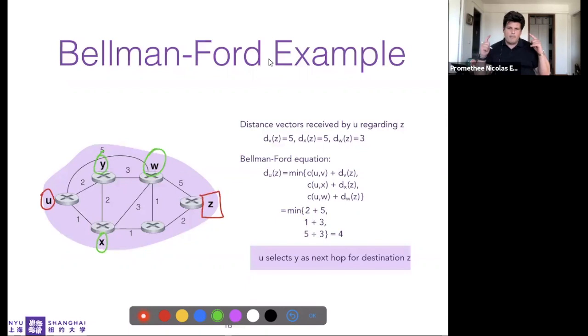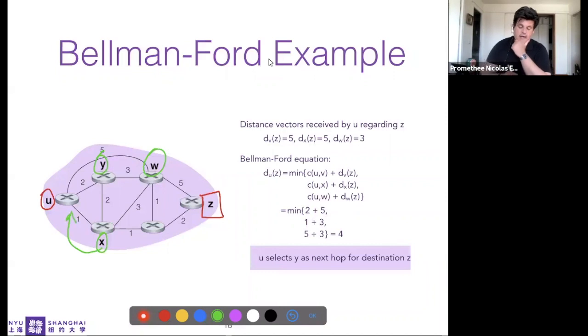And we're going to think about what is the cost that is actually sent regarding Z. So if I look at X, what is the distance of the shortest path to reach Z? 3? Yeah, that's what I think too.